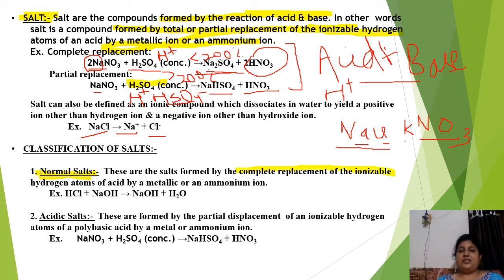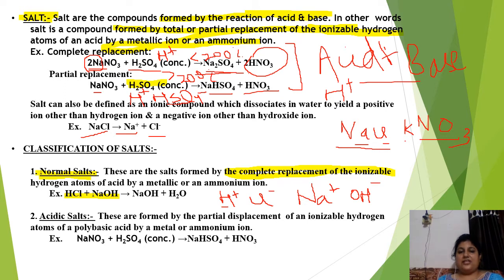Means in this type of salt the acid and base are completely neutralized. A complete neutralization takes place. For example, HCl and NaOH. HCl will split up into H positive and Cl negative, while NaOH will split up into Na positive and OH negative.